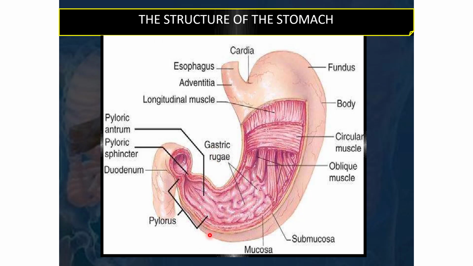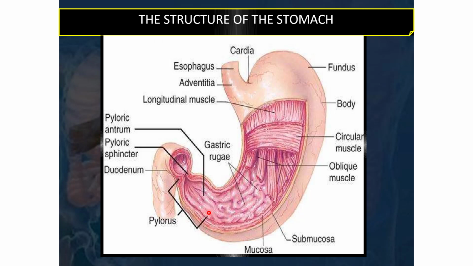If we make a vertical imaginary line from the lower dilated part, this area is called the pylorus of the stomach. The pylorus continues into the duodenum, and at their junction there is thickening of the wall of the stomach, which is called the pyloric sphincter of the stomach.